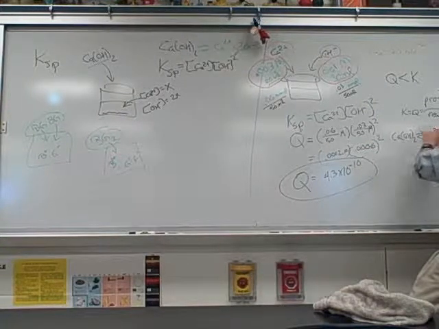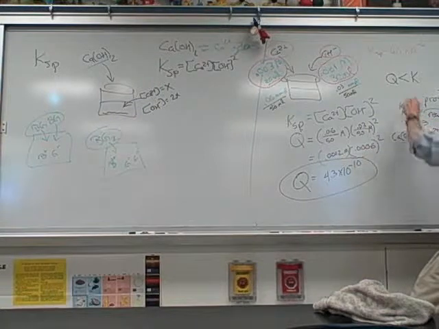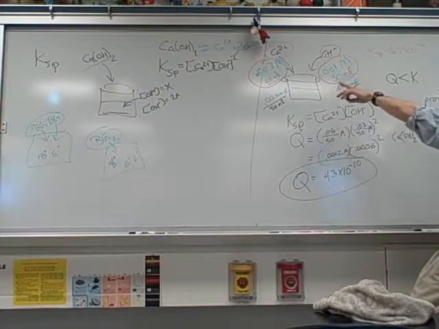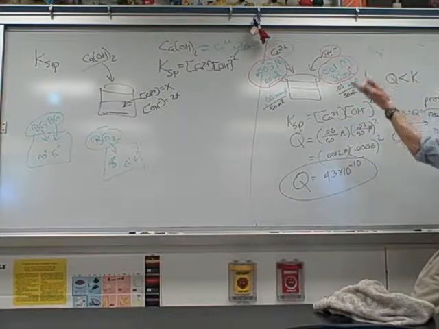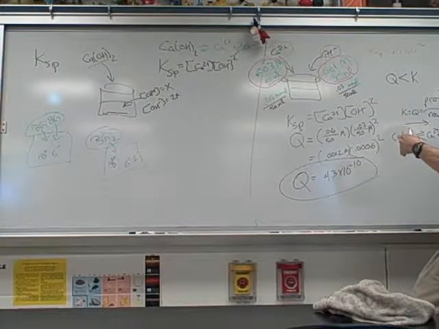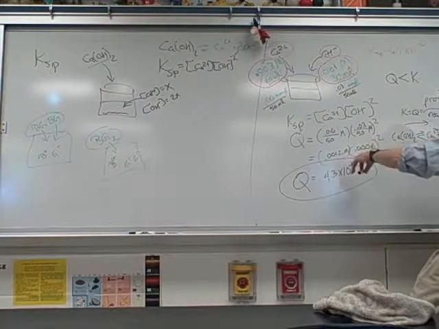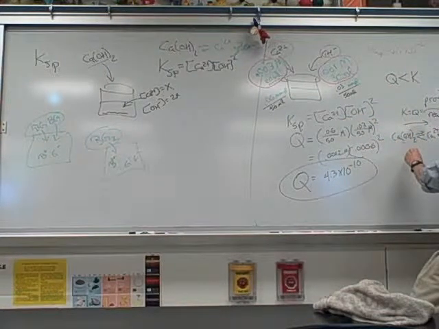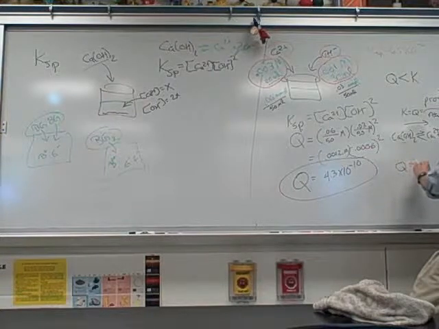If any solid forms, it's going to shift back over to try to fill in the products that we don't have. So if I mix those two solutions together, the container would have no solids. It would not precipitate because Q is not as big as K. But if it's as big or bigger than K, it will precipitate. So in other words, if Q is greater than or equal to K, we get a precipitate.